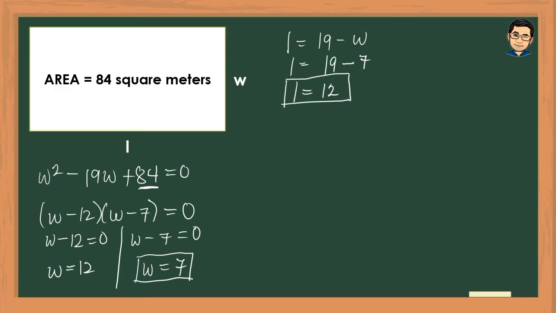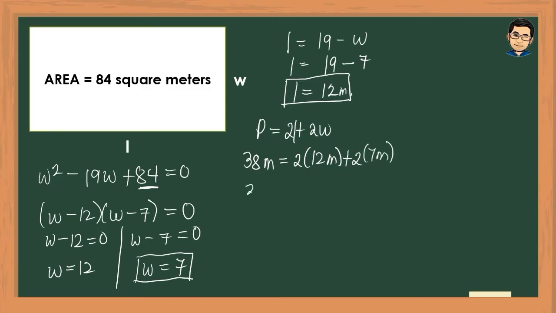Ang next na gagawin natin ngayon is i-check natin kung tama ba yung perimeter tsaka area. Perimeter muna, P is equal to 2L plus 2 width. Okay. So, the perimeter is 38, di ba? 38 meters equals 2 times the length, that is 12 meters, plus 2 times the width, 7 meters.